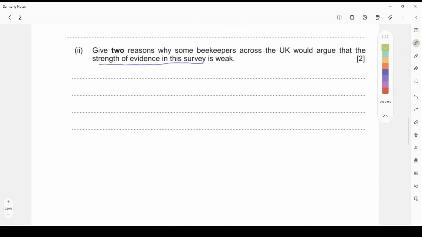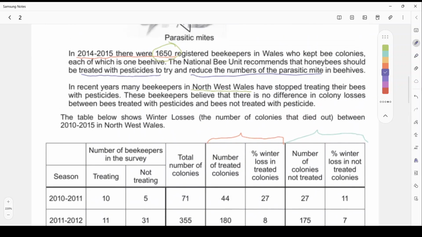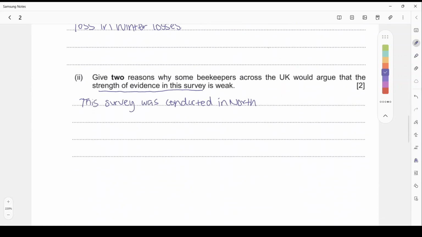Okay, so let's write that down here. So we could say this is in northwest Wales.